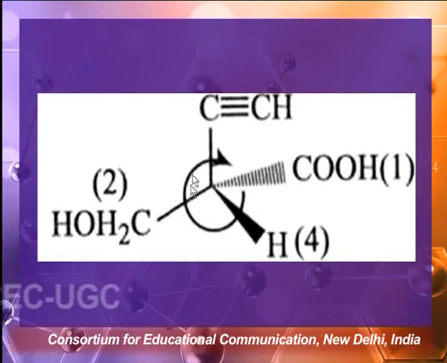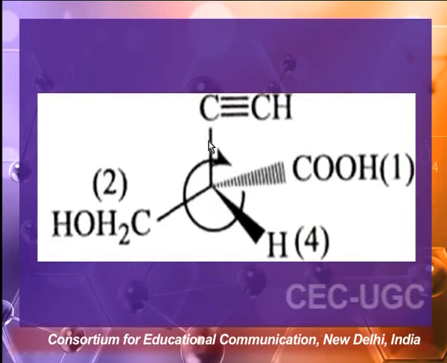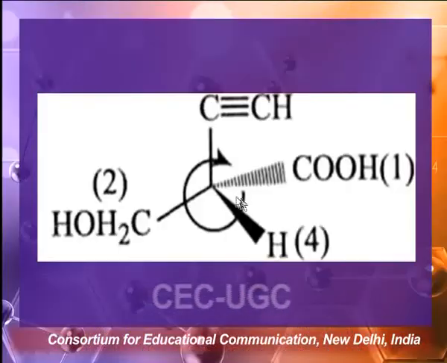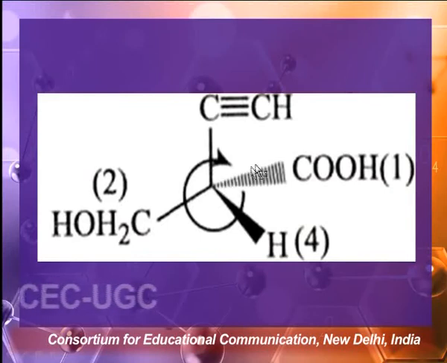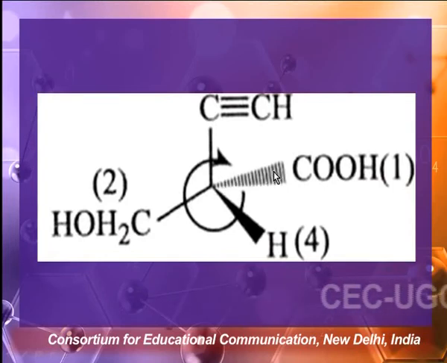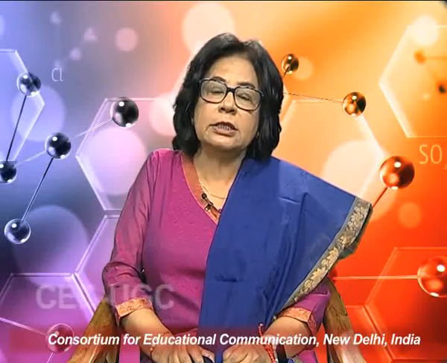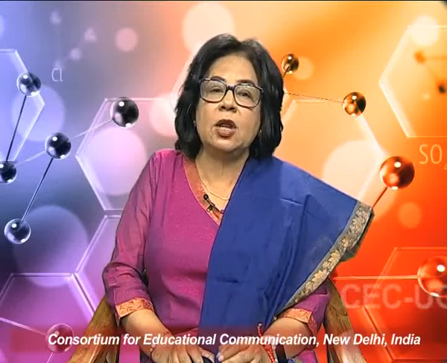So our eye is traveling in clockwise direction when we go from the group having highest priority to the group having lowest priority. But since the group having lowest priority is facing us, we will flip the configuration. That means the actual configuration will be S after flipping it from R to S. So the third situation that we have now is that the group having lowest priority is on the plane of the paper.